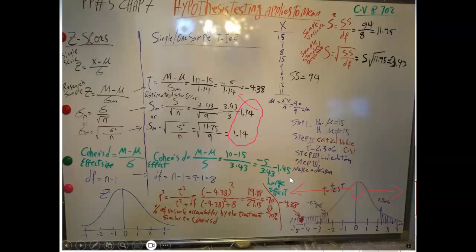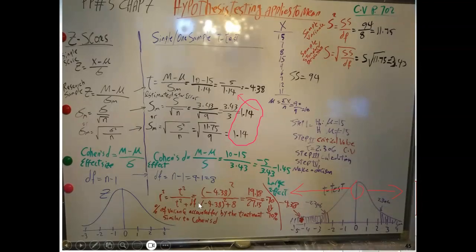It doesn't matter whether it's positive or negative. That number is greater than 0.8, so it's a big difference. It's greater than 0.8, negative or positive. So that's the difference. Degrees of freedom is 8.